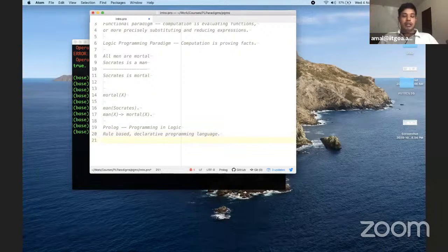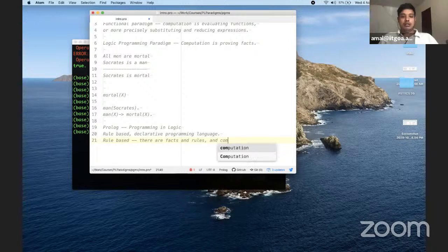What do you mean by rule based? Rule based means that there are facts and rules, and computation is essentially query answering. All right, what do I mean by that?